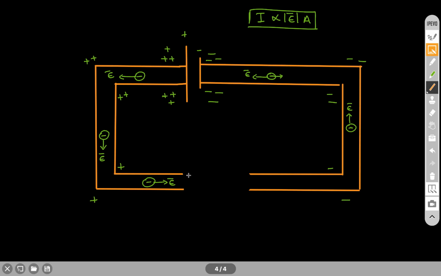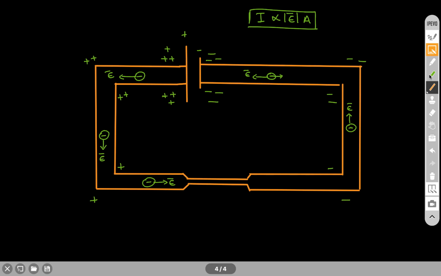So the way that I will do that, this is one way of effectively making a resistor. Decreasing the area of your wire.